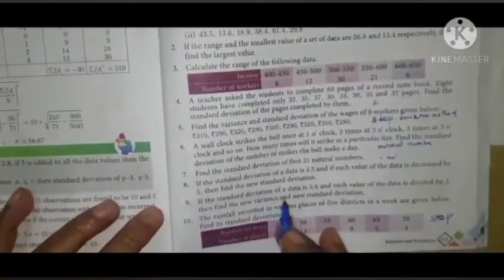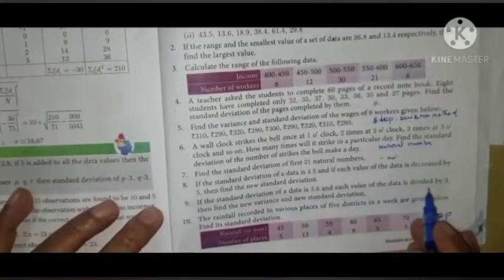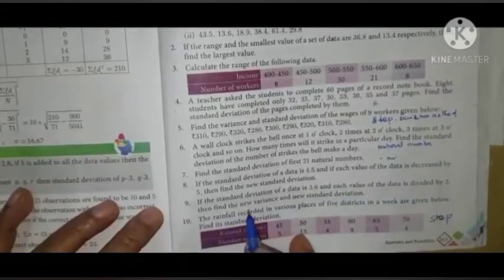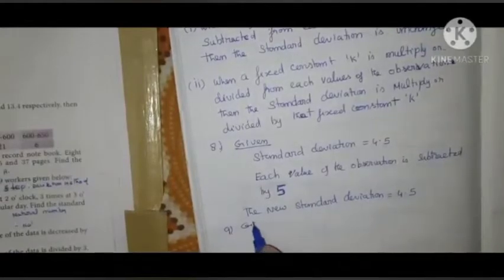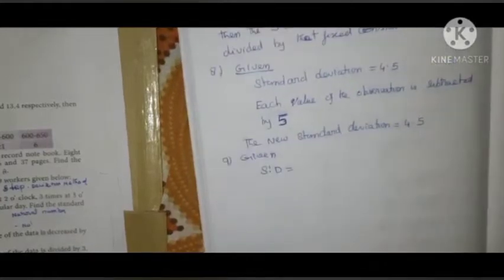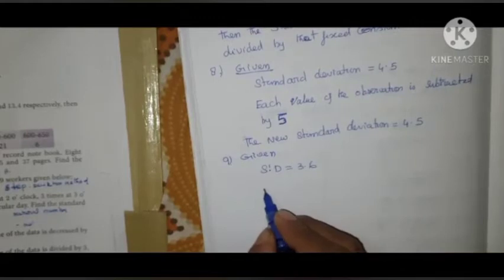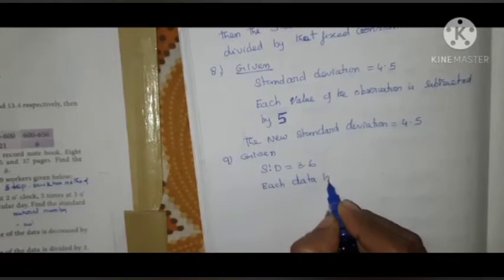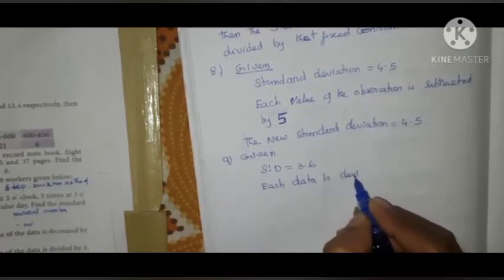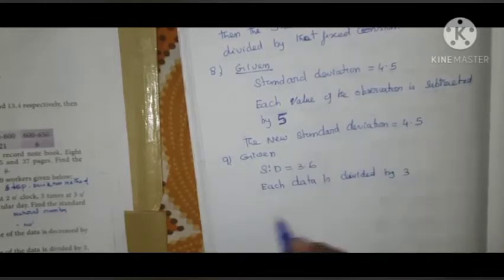If the standard deviation of a data is 3.6 and each value of the data is divided by 3, then find the new variance and the new standard deviation. Given standard deviation is 3.6. Each data is divided by 3.